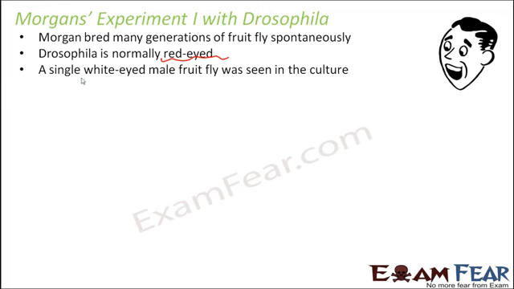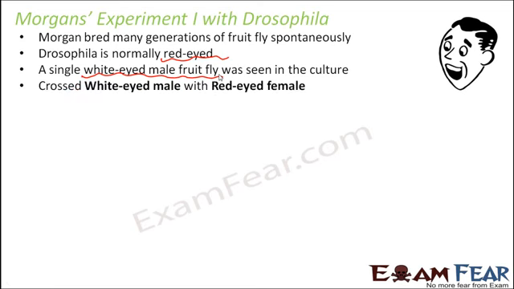And that surprised him. How come a white-eyed fly was being produced? Because there was no white-eyed fly in the parental generations. So how come this white-eyed fly was being produced in the culture?